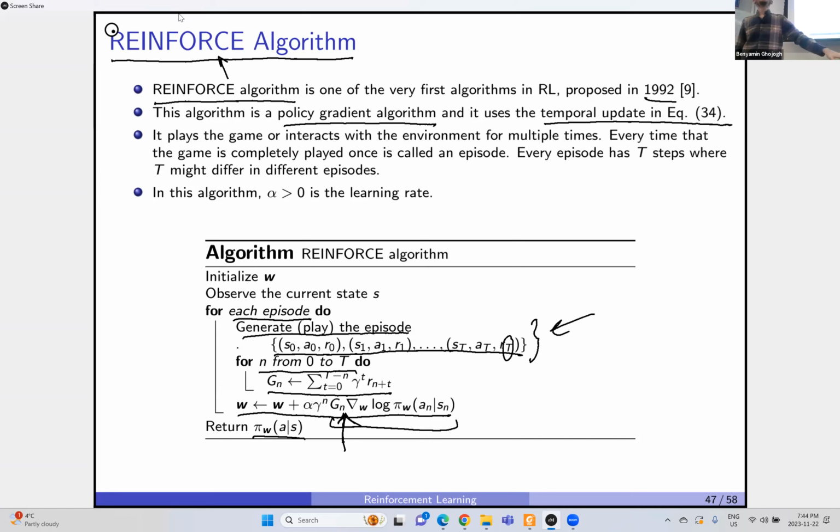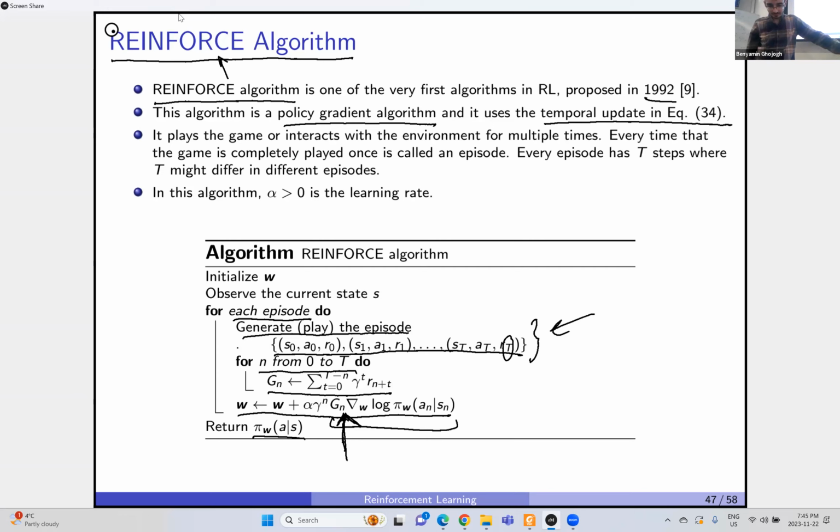From the middle till the end, I played awful. What happens? For G_0 until G_{T/2}, this will be exaggerated. But for G_{T/2+1} until G_T, it will be ignored.